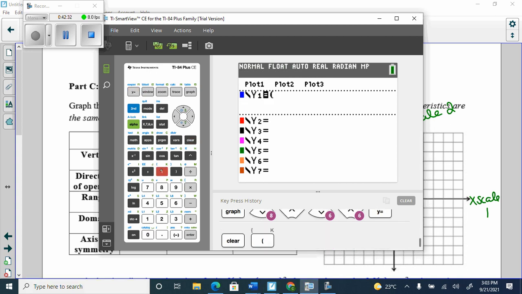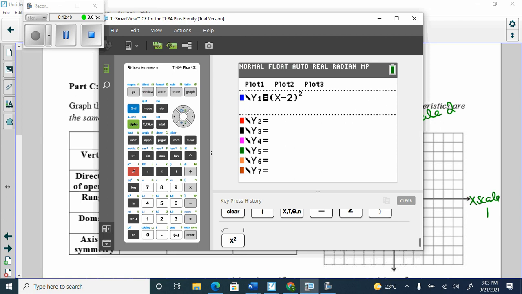Bracket x minus 2 bracket squared. See, I just typed it in. So now it's with the x. It's not just at the back behind the x squared, correct? It's with it. And it's a minus 2, isn't it?